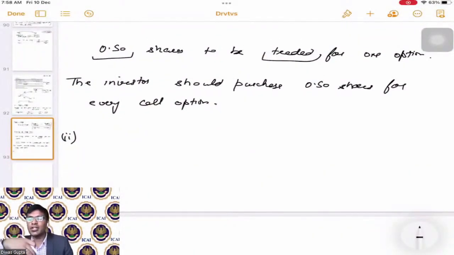If he's purchasing the shares now, he should write a call option, correct? He should sell a call option, because if he has purchased it today, he should sell a right to buy. If he's selling the right to buy, that means tomorrow the holder will ask the share from him, and hence he will be able to give that share to the holder, correct?